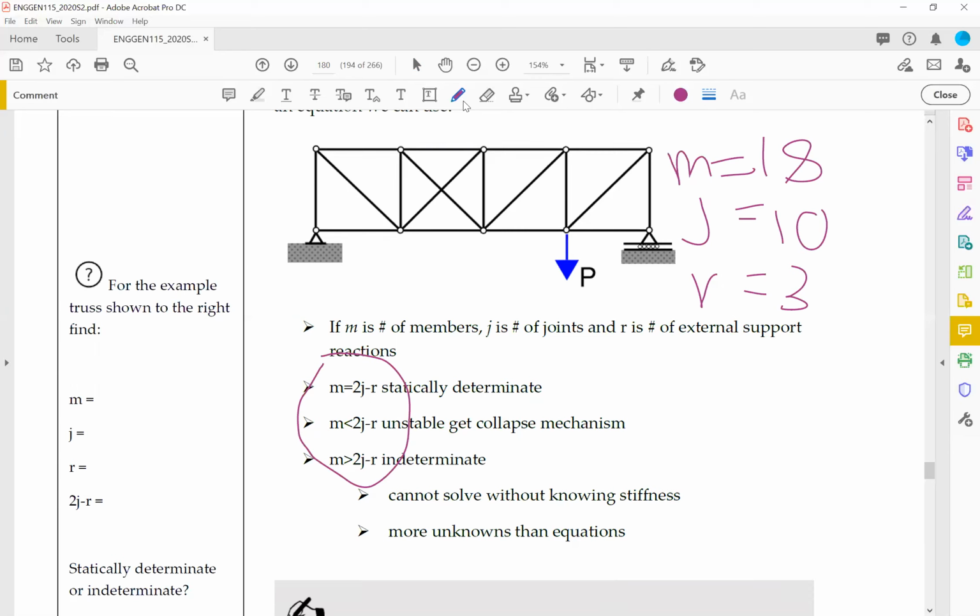Now let's use our equation M equals 2J minus R. Well, M is 18, 2J is 20, minus R is 17. So that means 2J minus R is in fact less than M, which would be this case right here, which is indeterminate.